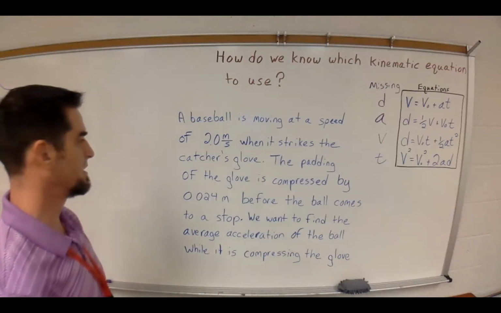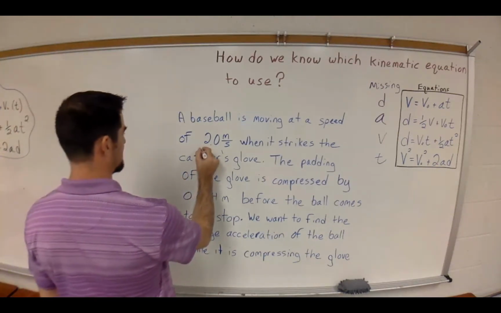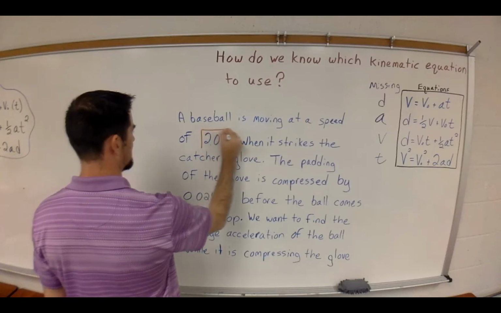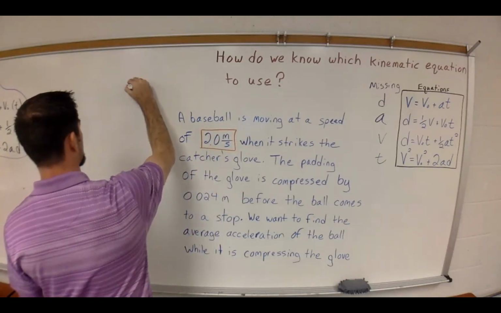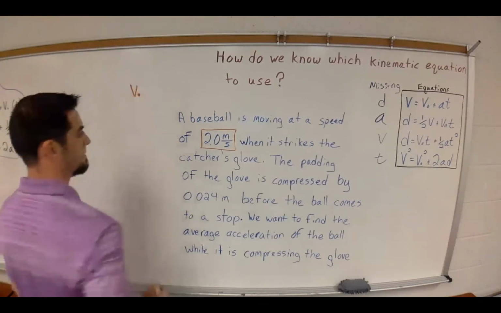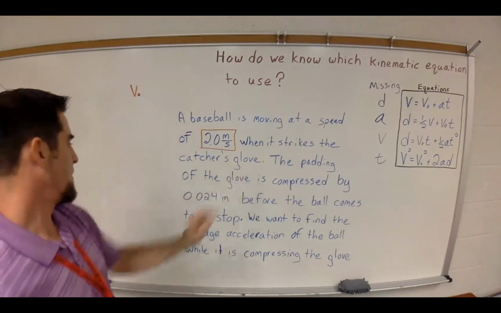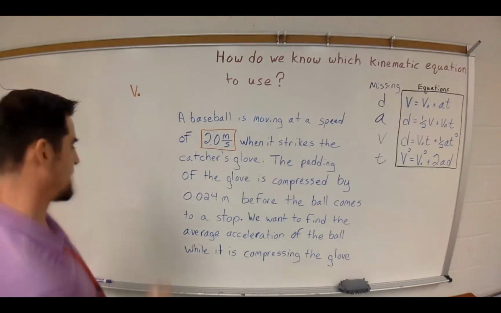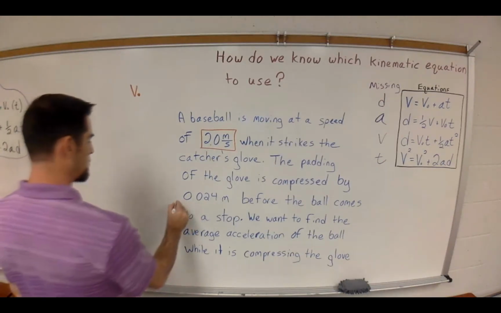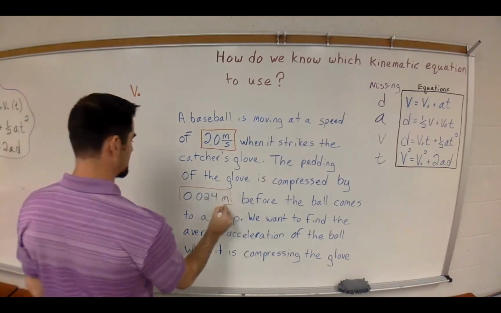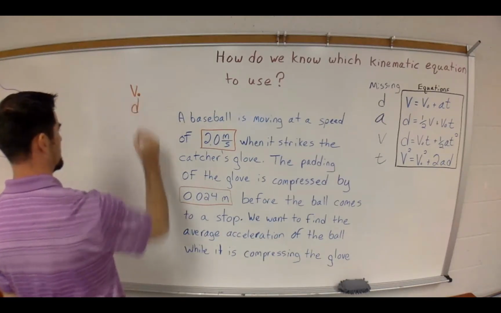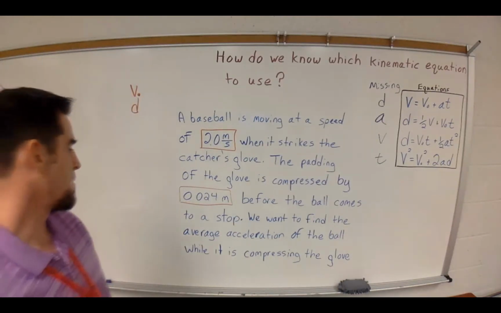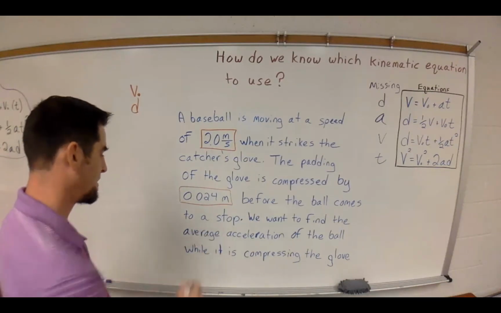Okay, so this is our initial velocity, or our starting velocity. So we've got V0, or VI. The padding of the glove is compressed by 0.024 meters. This is a distance.